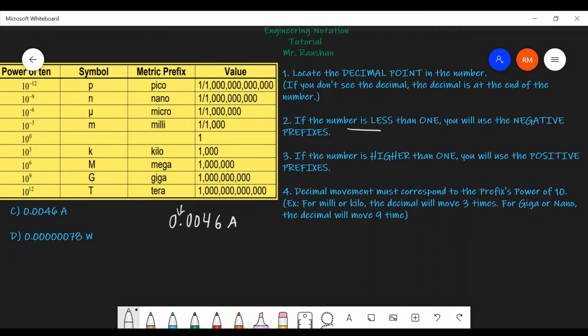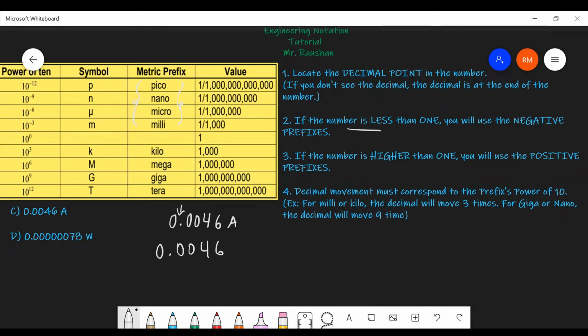So we'll use one of the negative prefixes, which is right up here on top: pico, nano, micro, or milli. So let's do it. My number is 0.0046. Since it only has 2 zeros here, let's use milli.